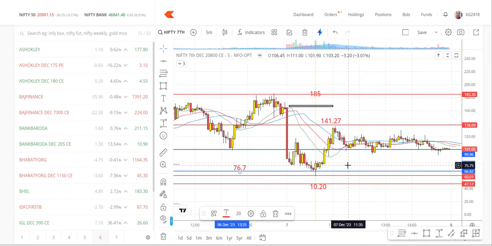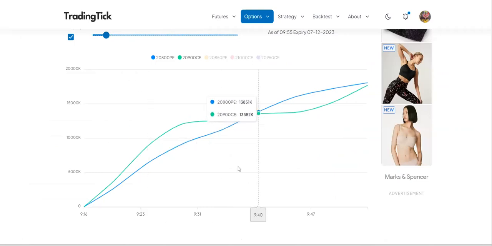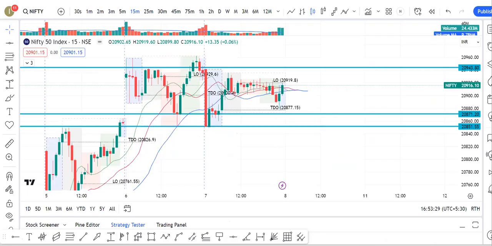So in that way, on tradingtick, by seeing the unwinding of the call options and the rise in change in open interest in the put option, it indicated support around that area, and you can anticipate a reversal. Later I did not trade, but it stayed within the range.